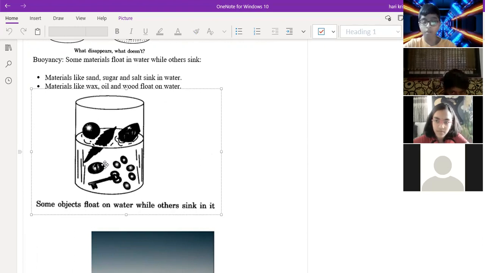Some objects will float and some objects will sink. So buoyancy is nothing but some objects will float in the water, some other objects will sink in the water.